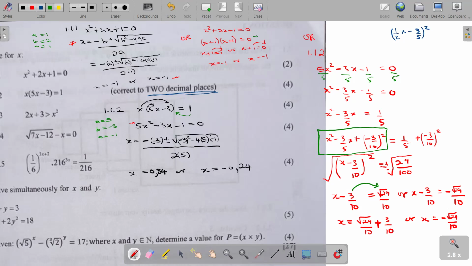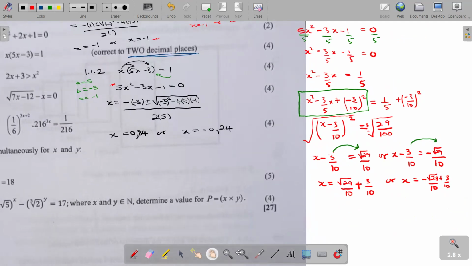Then taking this to the other side, it becomes positive. So it's going to be plus 3 over 10. And simplifying this on the calculator, it therefore follows that x is equal to, we just have to use our calculator.